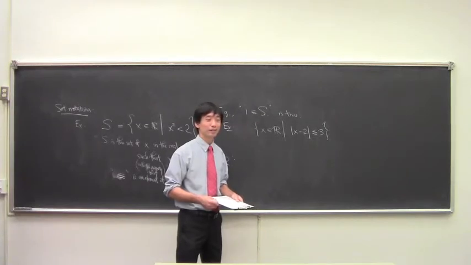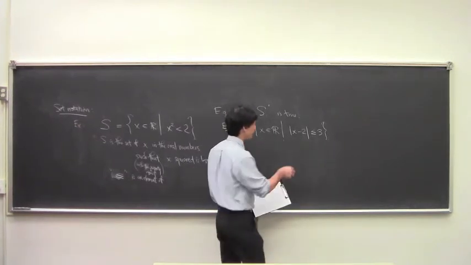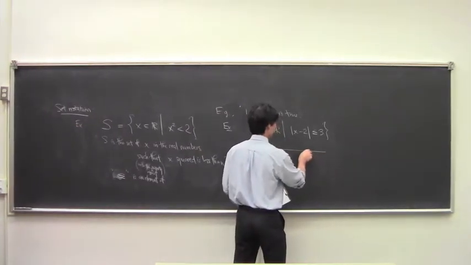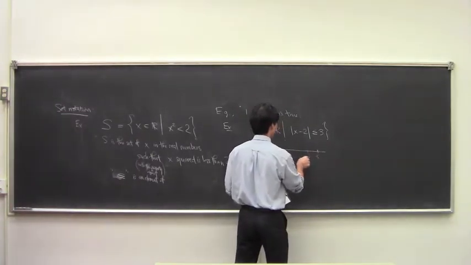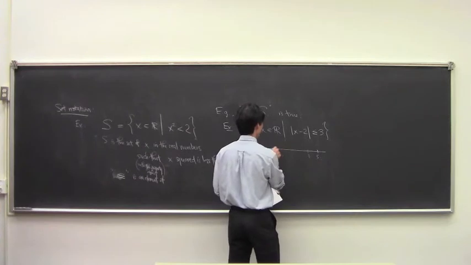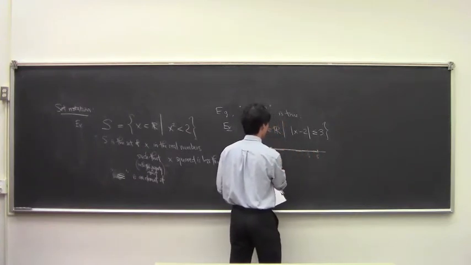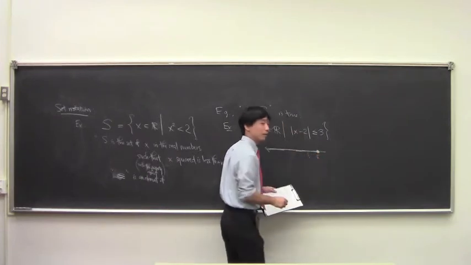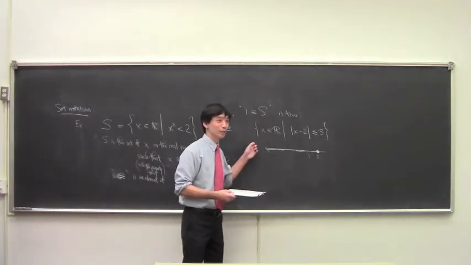Suki. Negative infinity to 5. Okay, so everything from here up to 5, inclusive or not inclusive? Inclusive. It sounds like you were changing your answer.